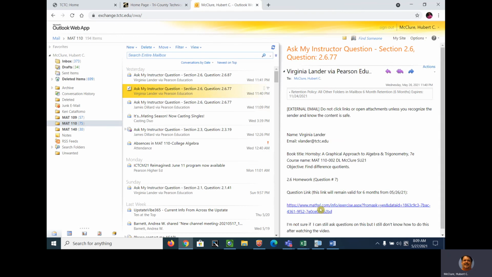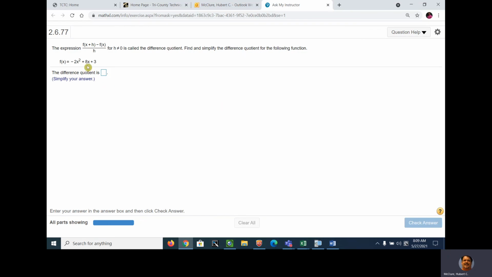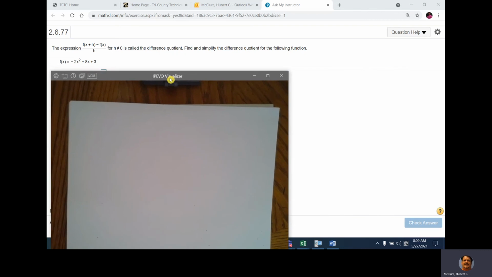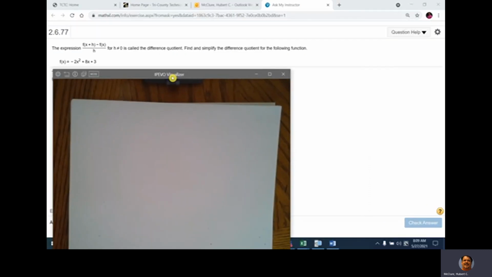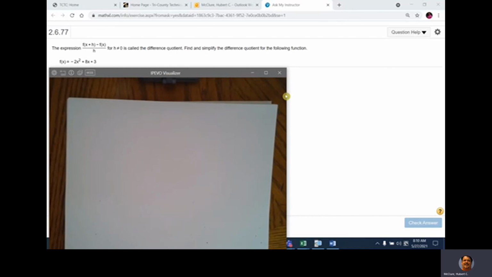There's another one that's probably going to be a little bit different. Yeah, it's a little bit different. So I'll try to write smaller where you can still see. But the first thing I'm going to do is write, this is how I attack the problem. If you was to see me do this problem, first thing I would do is write your f of x down.